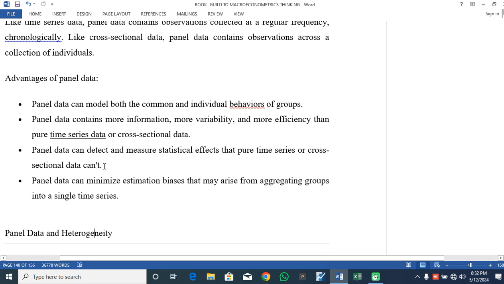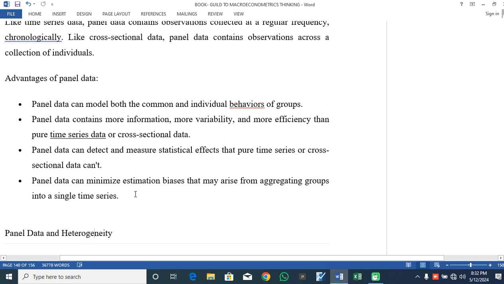Thirdly, the panel data detects and measures statistical effects that pure time series or cross-section data cannot detect, which implies that the panel data regression gives us more robust results than the time series regression can provide.